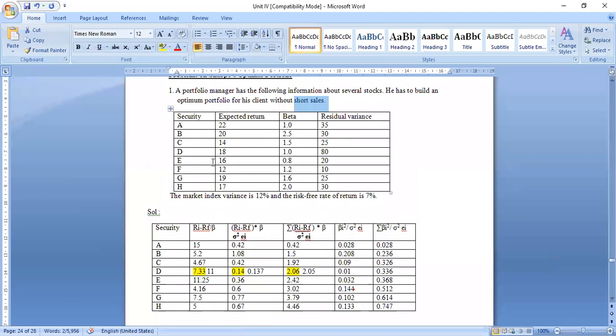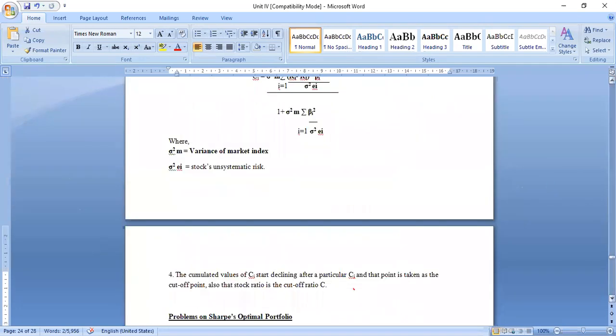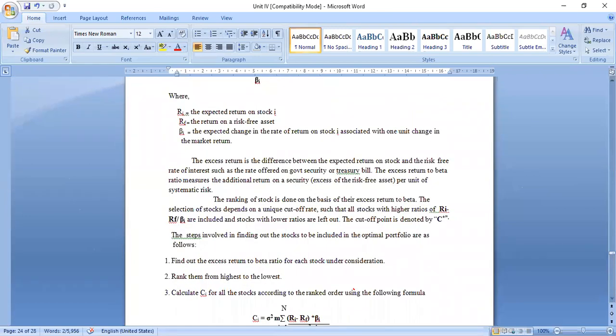Okay. Now this particular table is all about securities, which is ranging from security A to security H. We are given the expected return, which is denoted in terms of Ri. We are given the values of beta. We are given the values of residual variance. And then the statement is the market index variance is 12%. Okay. Now market index variance is nothing but this value.